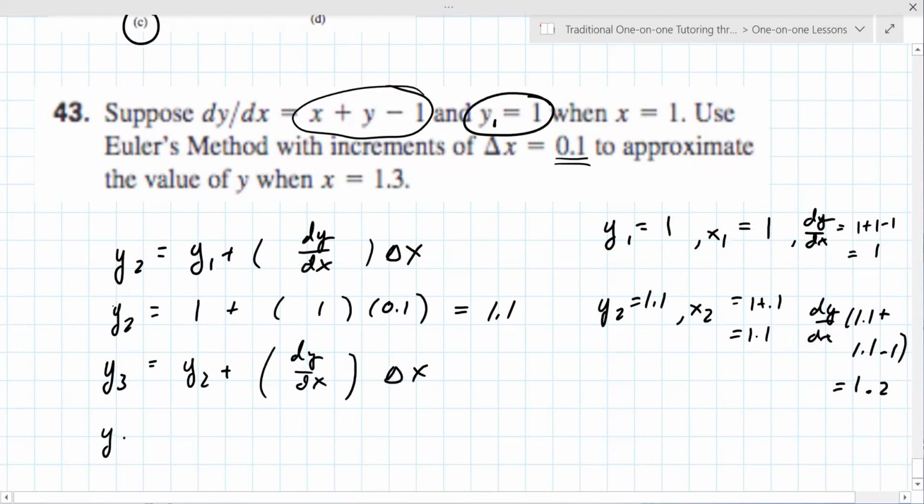So your y3 is 1.1 plus 1.2 times 0.1. You don't need a calculator; with 0.1 you're moving the decimal over. So it's 0.12, so this becomes 1.22.